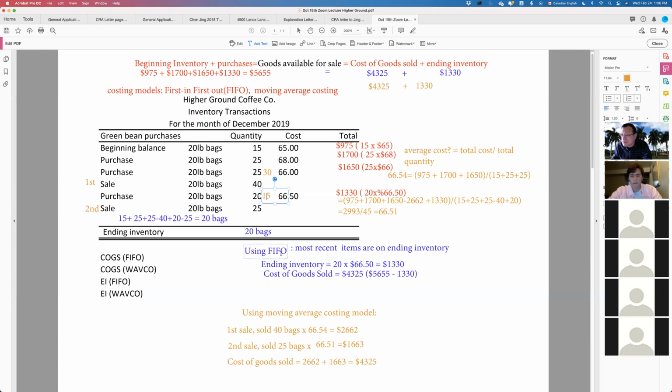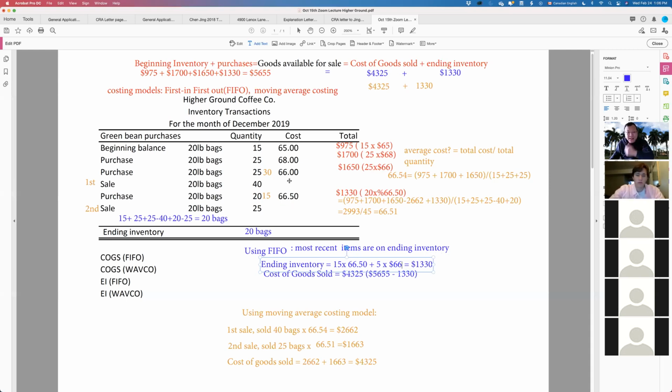So now under FIFO, what's your ending inventory? You're going to have 15, the most recent purchase, 15 times 66.50. And then what about the other 5? Because there are 20, so 5 more. What's the price we are going to use for the other 5 bags? 66. Very good.